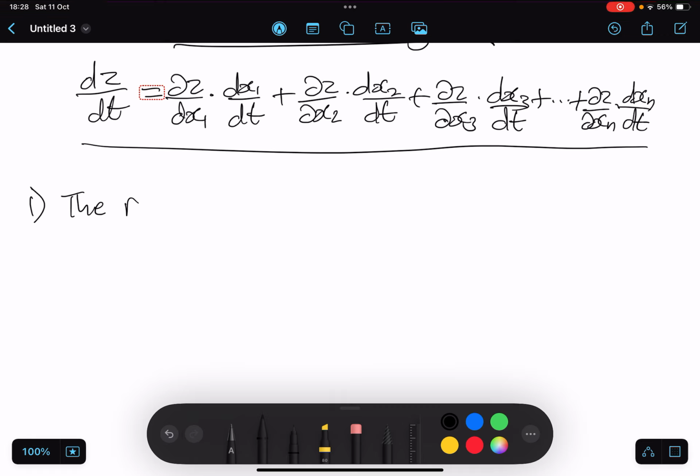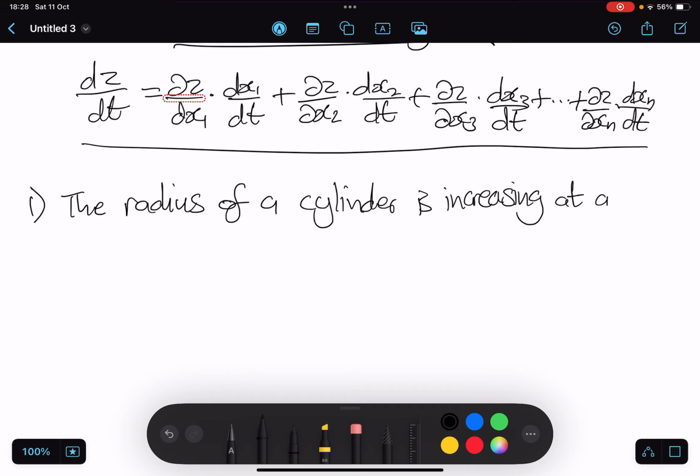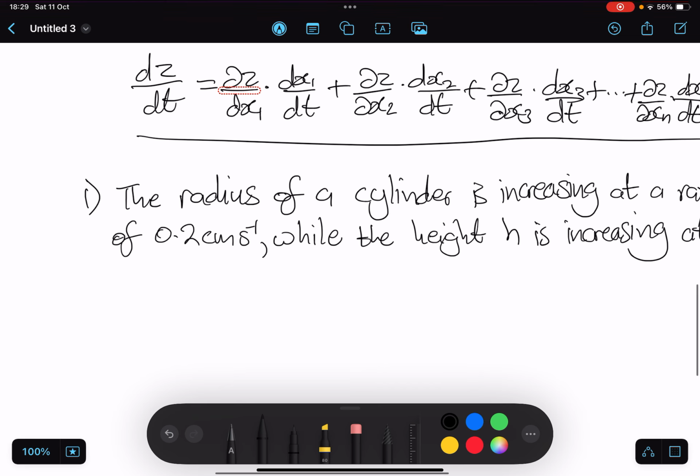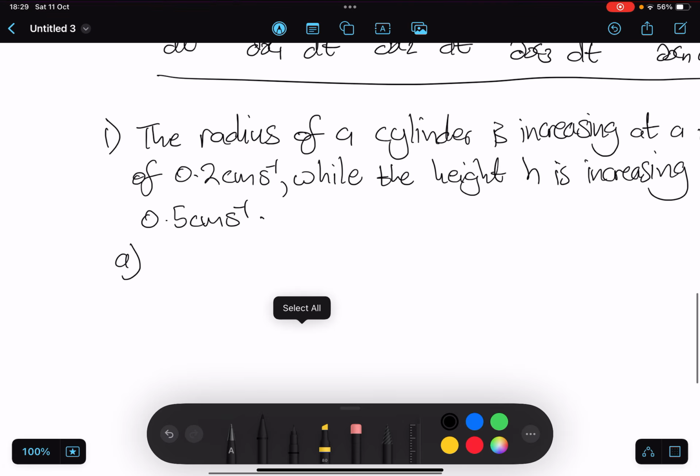They are saying the radius of a cylinder is increasing at a rate of 0.2 centimeters per second, while the height h is increasing at 0.5 centimeters per second.